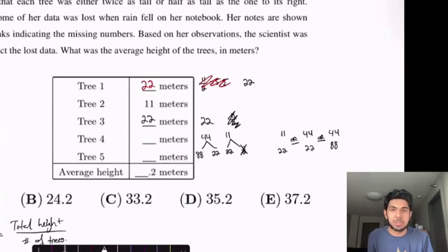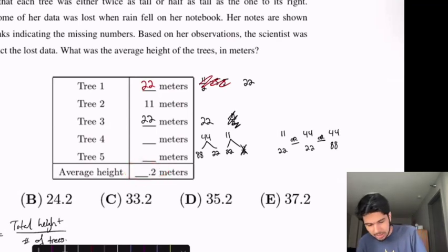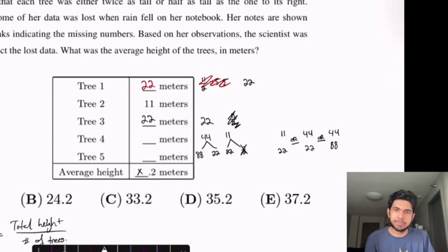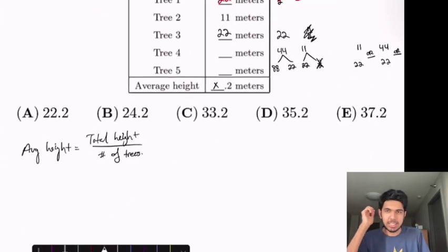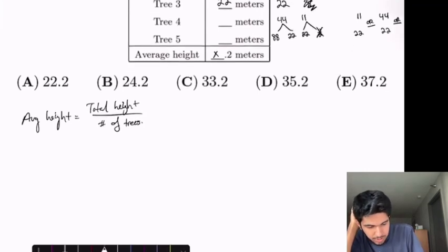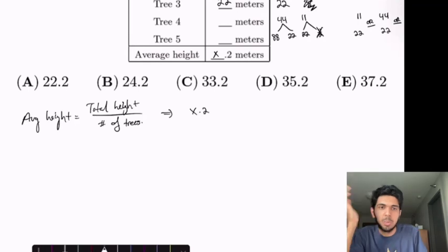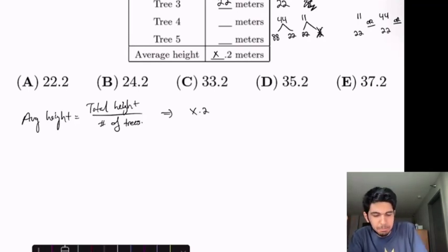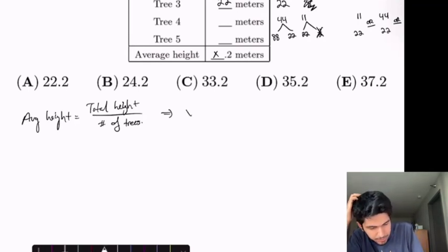How are we going to figure out which one is correct? Well, let's use the last piece of data we haven't used, the average height being blank .2. Let's call it x.2, because I don't like the blank. So if the average height is x.2, we can rewrite that as x plus 0.2, since x is an integer.